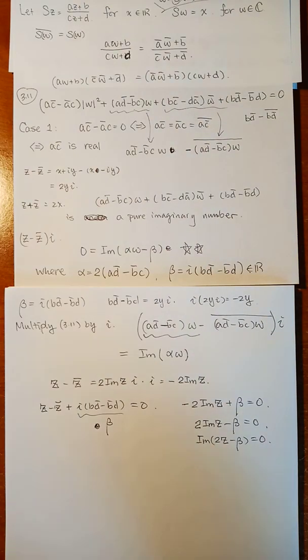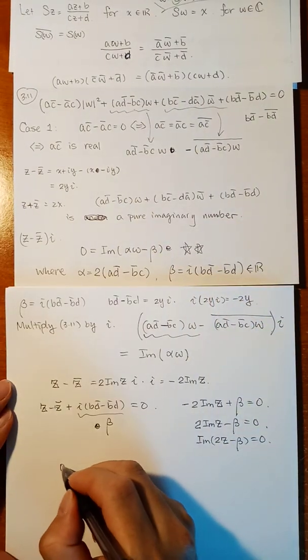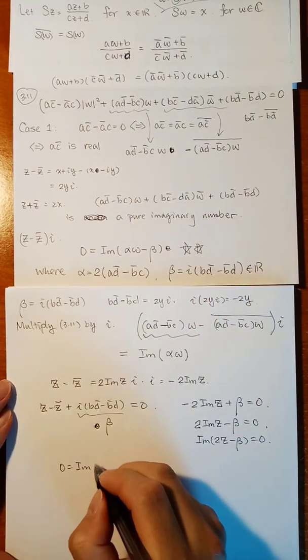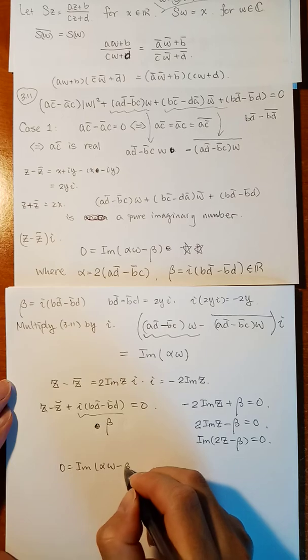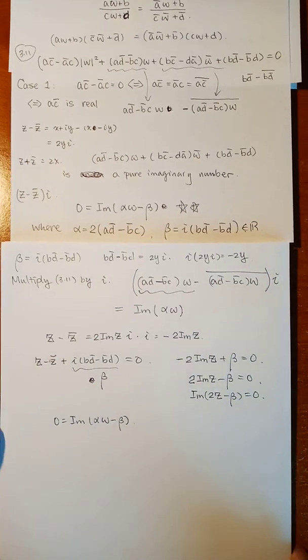Okay, so from here we get the imaginary part is equal to 0, and this determines a real line.